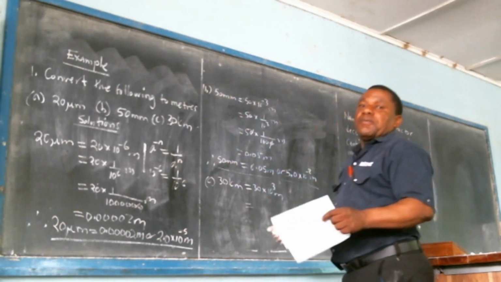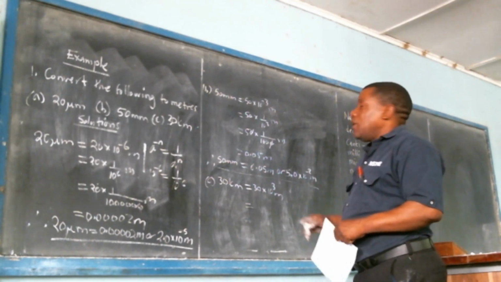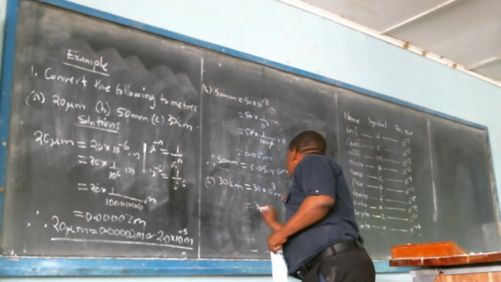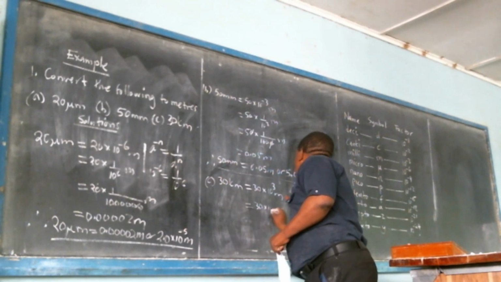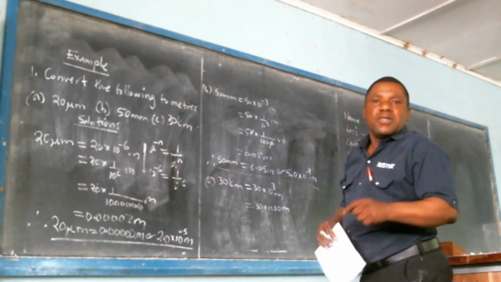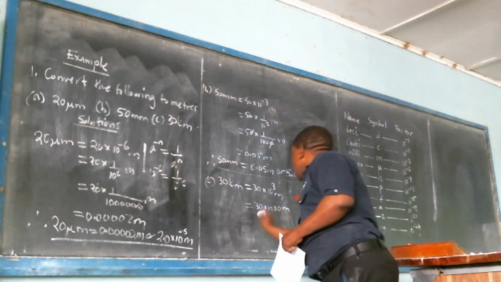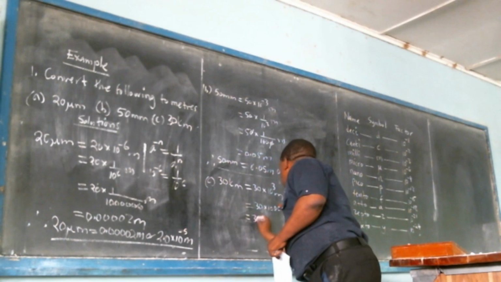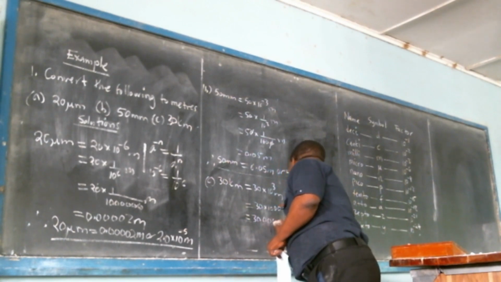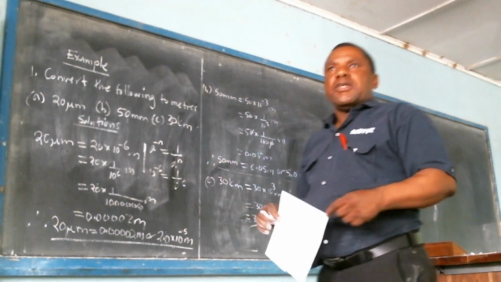The next step is we expand. What does 10 to the power 3 mean? When we expand 10 to the power 3 it gives us 1,000, and that 1,000 multiplied by 30 gives 30,000 of a meter, 30,000 meters.